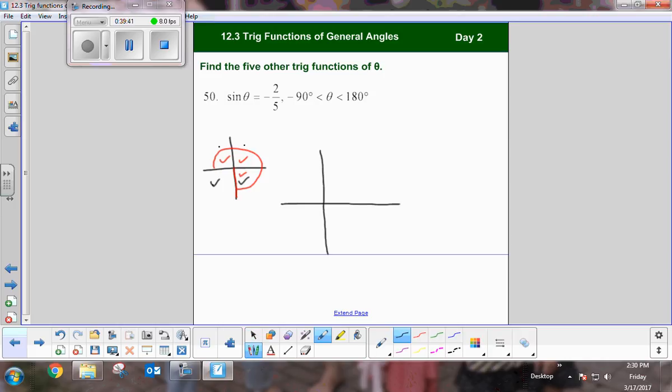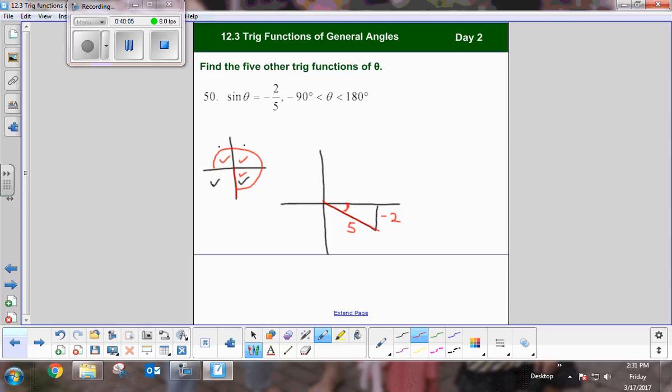So drawing, okay, here that's a fourth quadrant. Here's my terminal side right here. Here's my reference angle right here. And so opposite is -2 over hypotenuse 5.